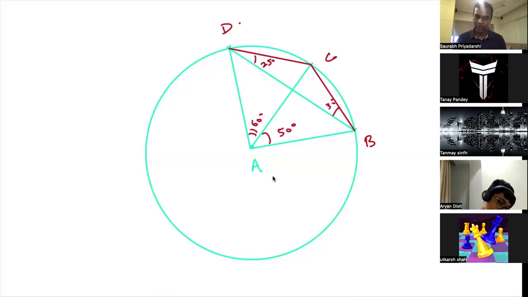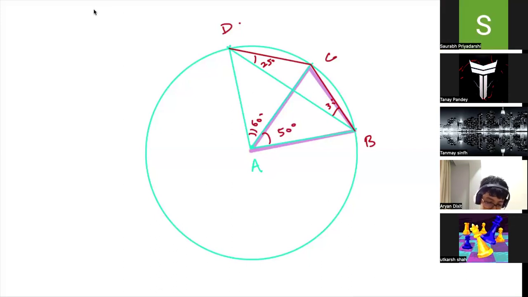Now I guess my scenario is clear, and I know exactly how to get all the values. If I take this triangle ABC, what is the special case in this? These two, AB and AC, are the radius. Both are radii, and this angle is 50 degrees, so the rest of the angles, this angle and this angle, I'm able to find.